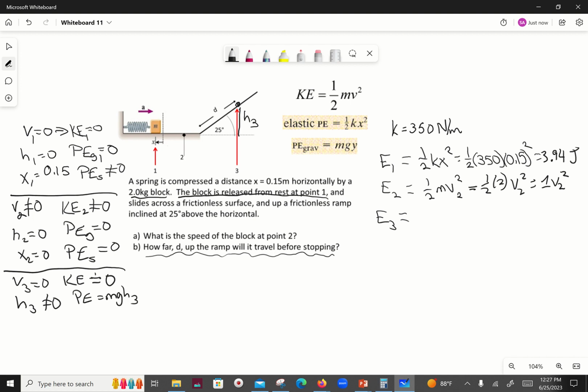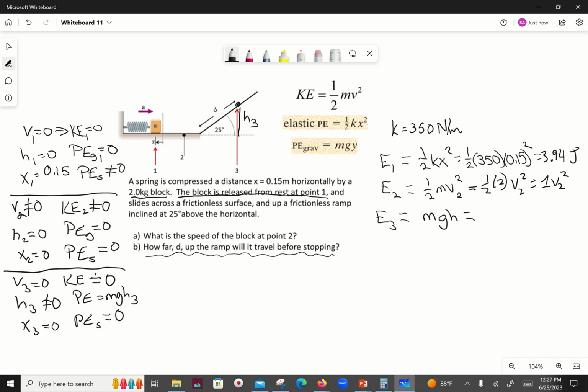And how about elastic potential energy? Well, again, the spring is back at equilibrium. There's nothing pushing on the spring. So x3 is 0, and so the potential energy from the spring is equal to 0. I've got no kinetic energy, I've got no elastic energy, so I'm going to use the equation mgh.